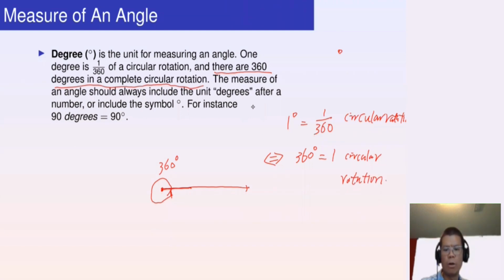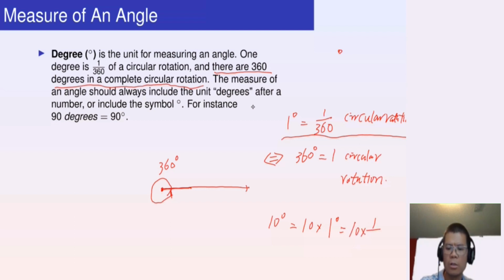Then what about, say, 10 degrees, right? 10 degrees is going to be 10 times 1 degree, which is, by substitution, since 1 degree is 1 over 360 circular rotation, 10 over 360, or 10 times 1 over 360 circular rotation, right?